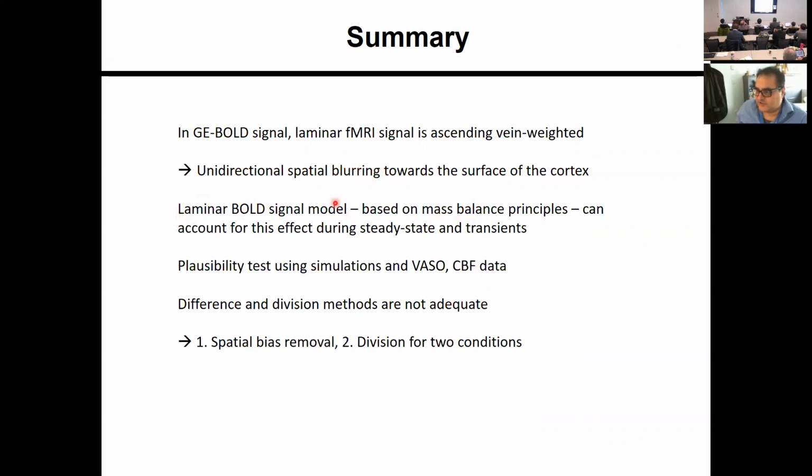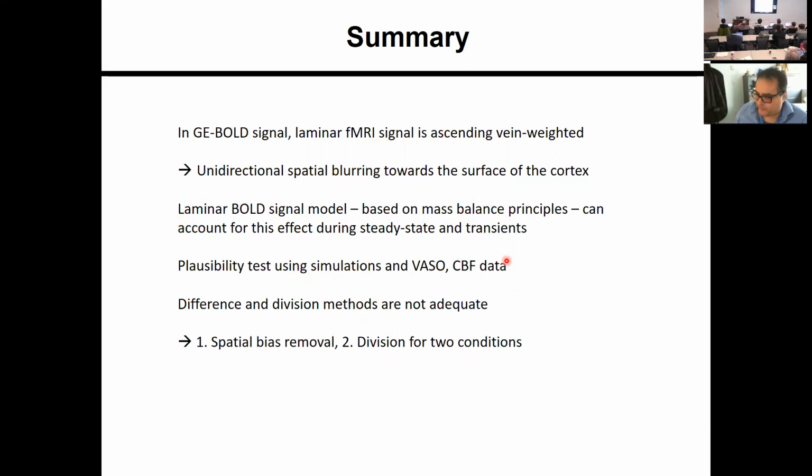The laminar BOLD signal model based on the mass balance principle can, in my mind, account for this effect during steady state and the transient phases. We have done plausibility tests using simulations, but also using VASO and blood flow. So far, the data is consistent with everything, which means we have quite some confidence that it improves.